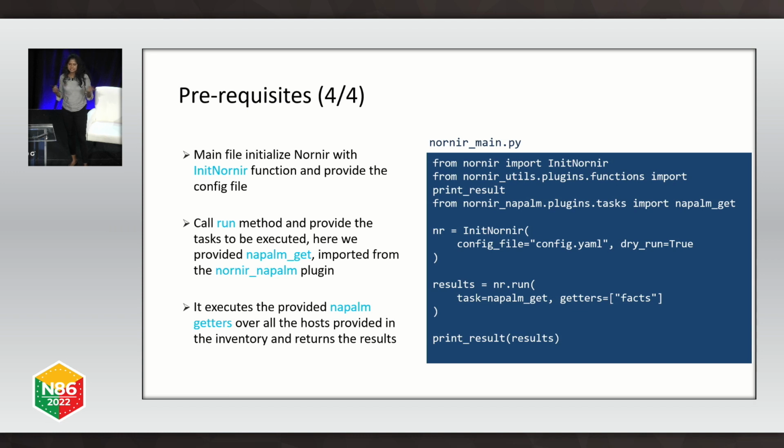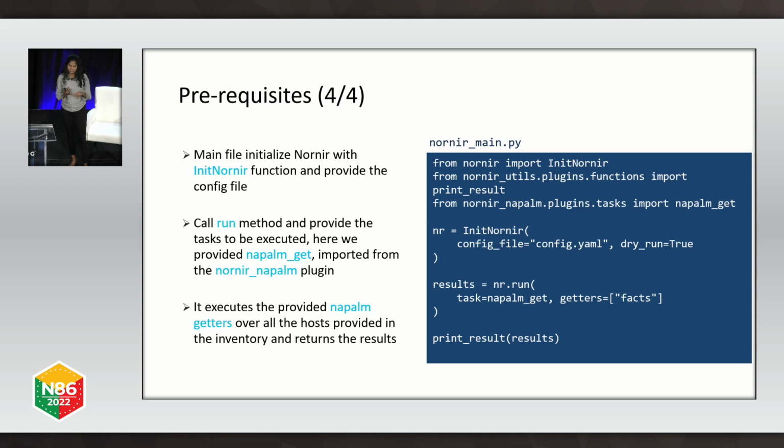Now, once you're done with the configuration file, just create a Nornir main file. Here just initialize Nornir and provide the config file, and this config file should be in the same location as the main file. Then execute Nornir providing the task and the specific getter.